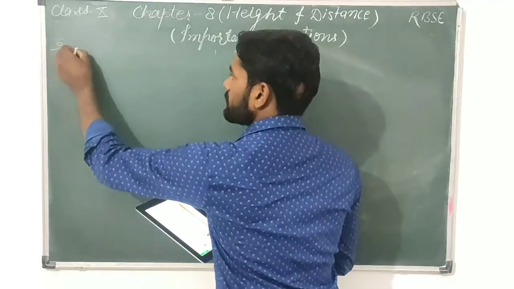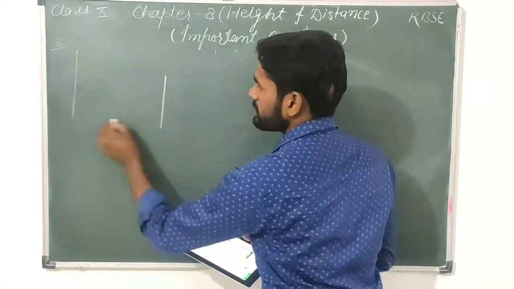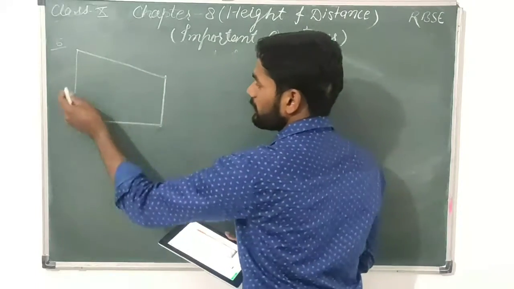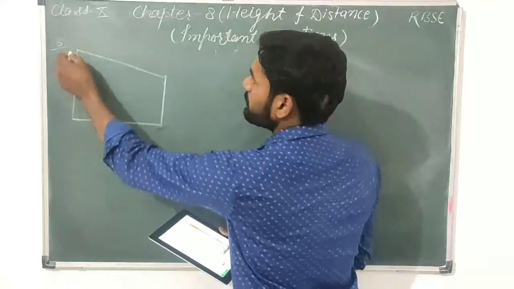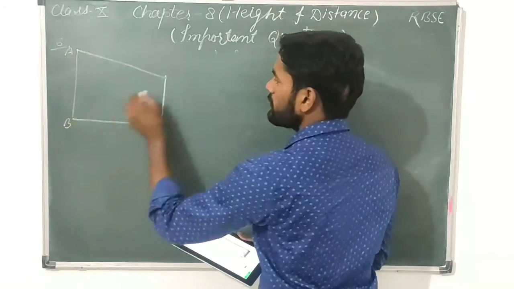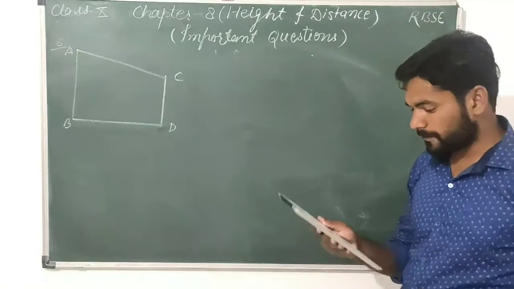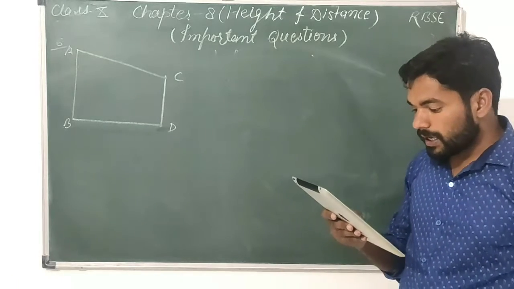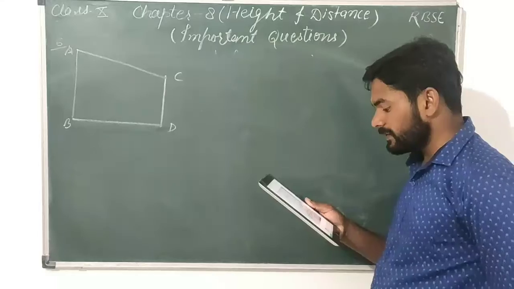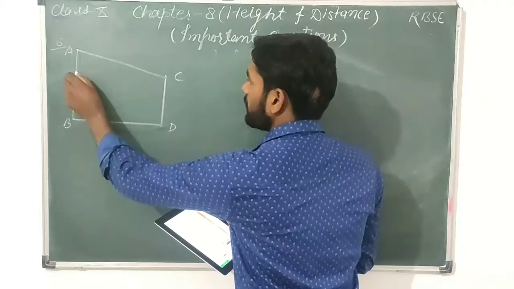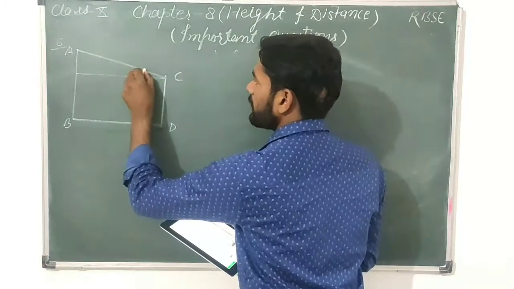Two pillars are given and their tops are joined with a wire. Let's consider that these are A, B, C and D, and this is the surface of the ground. If the wire makes an angle of 30 degrees with the horizontal line, let's suppose this is the horizontal line, 30 degrees.